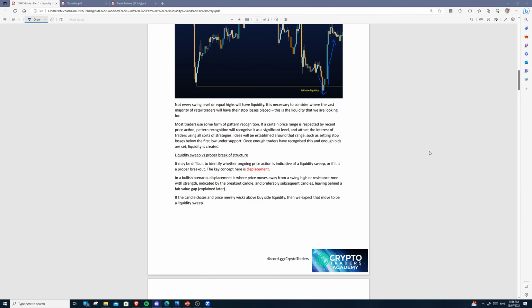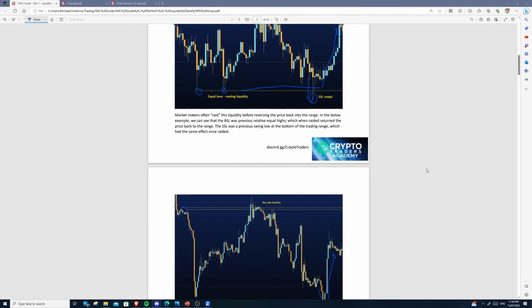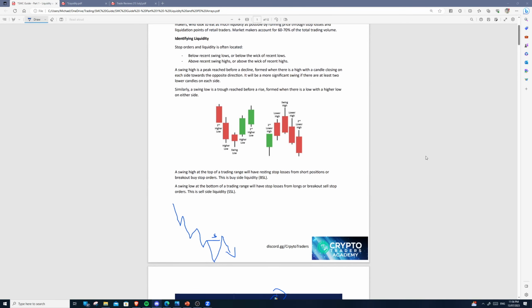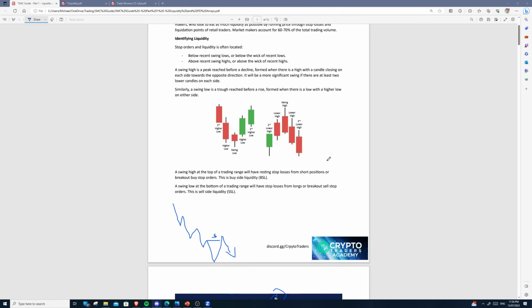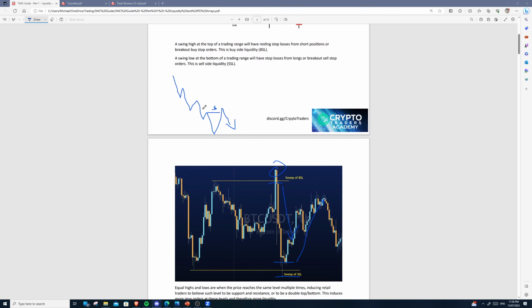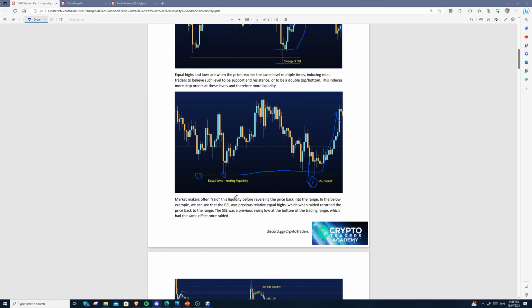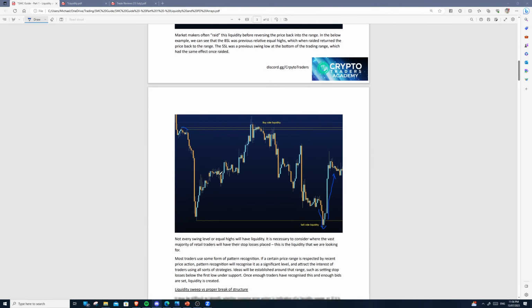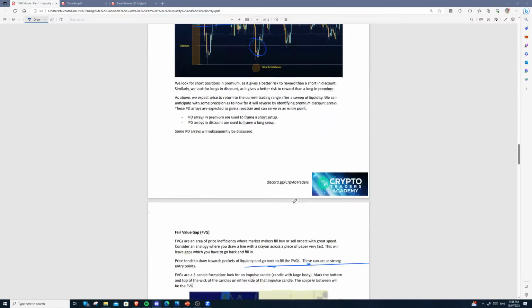Alright, so just to quickly recap for anyone who just joined the stream, we looked at the concept of liquidity, as in places where retail traders will be placing their stop losses, and we identified those as areas of swing highs and swing lows, as well as range lows and range highs, as well as support or resistance established from equal highs or equal lows, and finally trend lines.